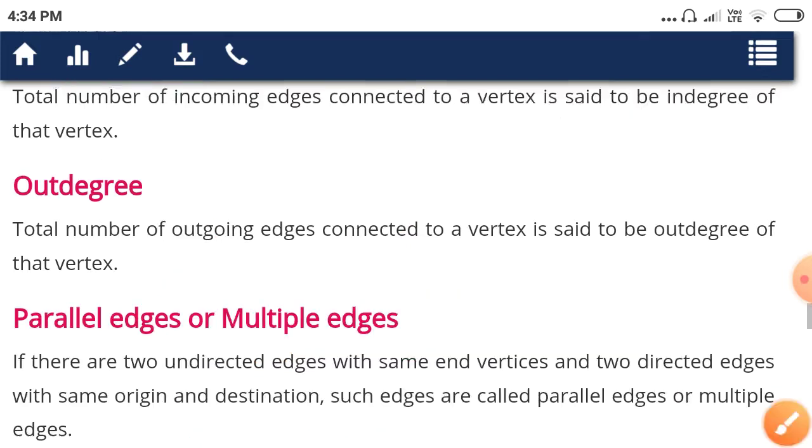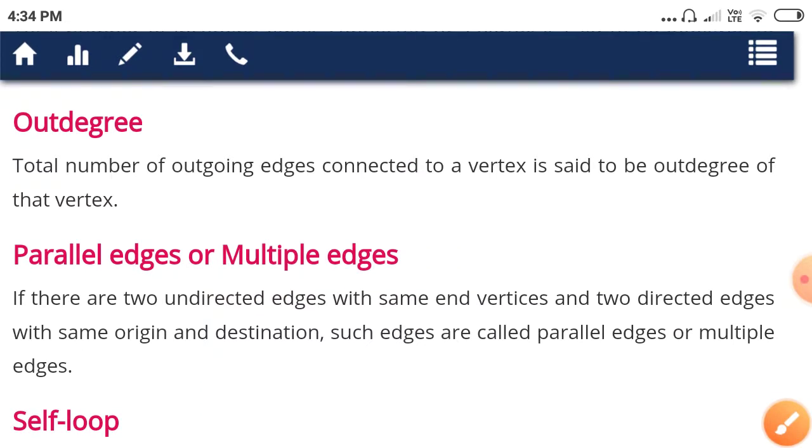Next, parallel edges or multiple edges. If there are two undirected edges with the same end vertices, or two directed edges with the same origin and destination, such edges are called parallel edges, or parallel multiple edges.